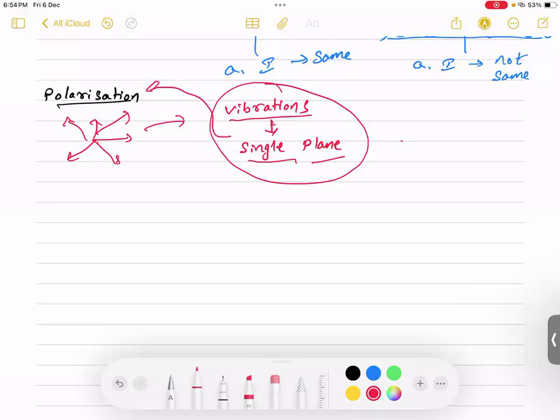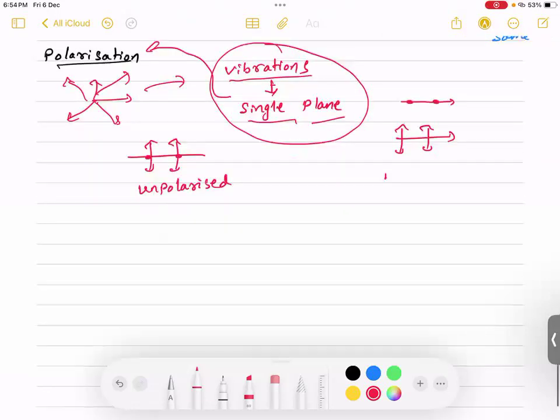That is represented either by a dot or by an arrow mark. If there are both dot as well as arrow marks, then this is said to be unpolarized. Actually, we can convert unpolarized light into polarized light by using a device called Polaroid.